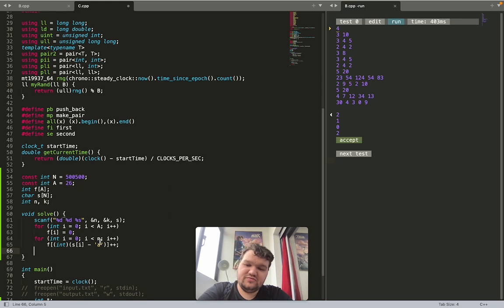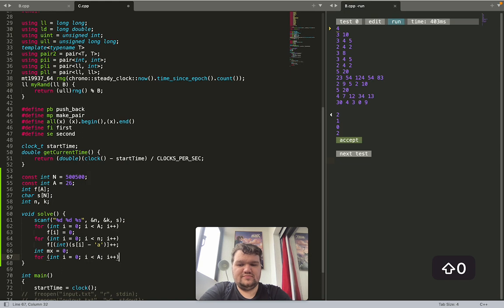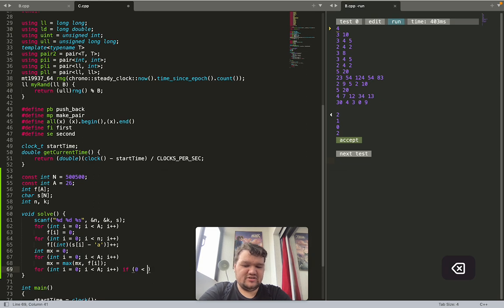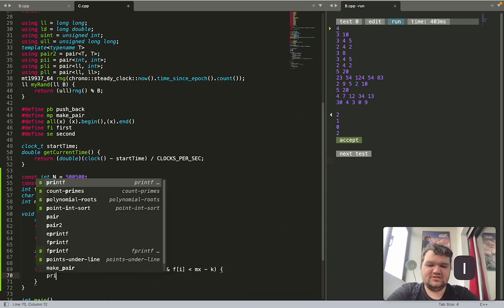So we're just calculating frequencies, and calculating the maximum of them. If there is an element that appears in the string, so its frequency is greater than 0, but it is smaller than maximum minus k, then just print -1.